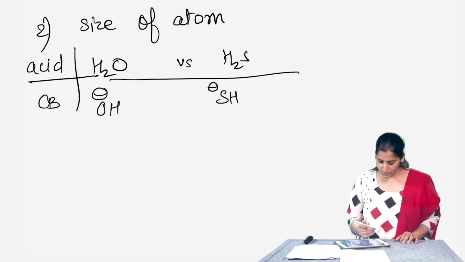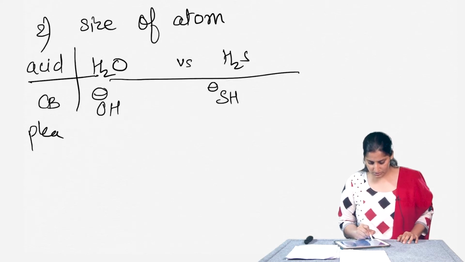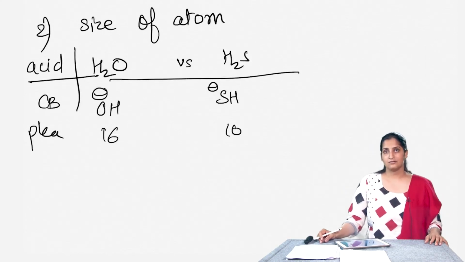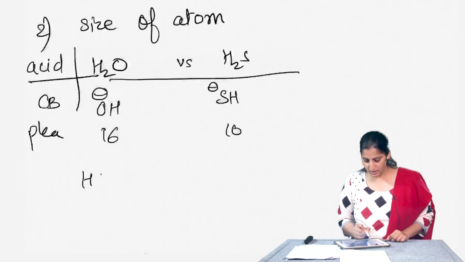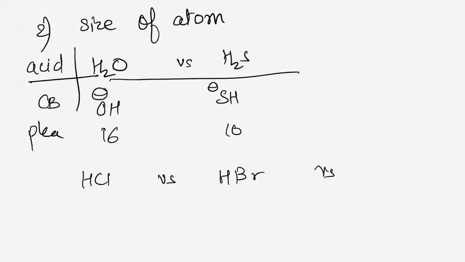So, if you really look at the pKa here, the pKa in this case would be 16, whereas H2S is around 10, way better acid, right. Similar phenomena is also seen in the case of HCl versus HBr versus HI. Again, if you look at the conjugate bases, it is Cl minus versus Br minus versus I minus.